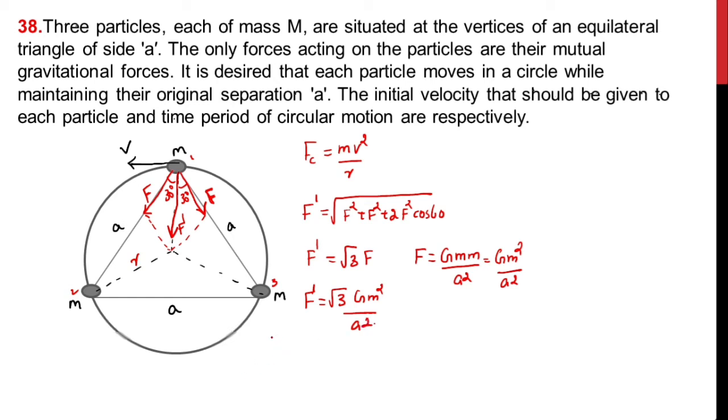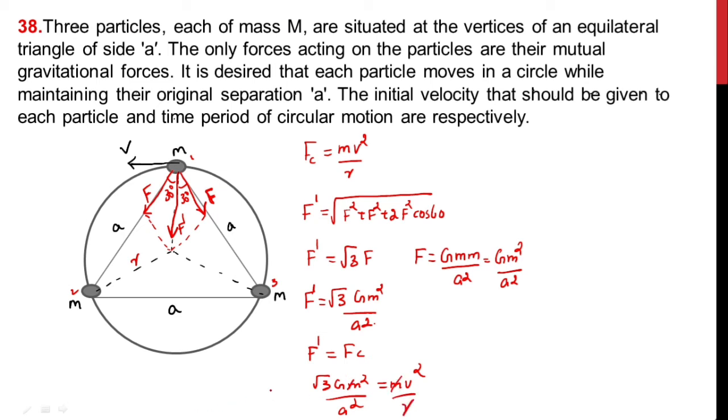Now you have to calculate. The first question is about the initial velocity that should be given to each particle, and the time period also. We can substitute the value here. F dash, which you got as root 3 G m square divided by A square, is the one providing the centripetal force. So F dash equals Fc, that is root 3 G m square divided by A square equals mv square divided by r.